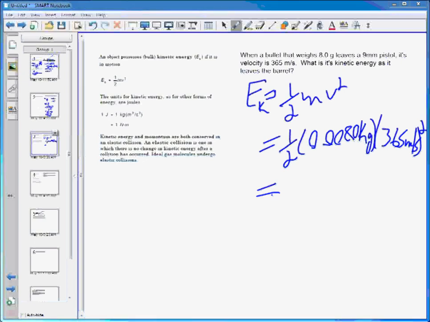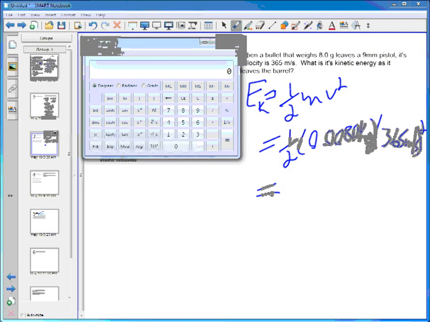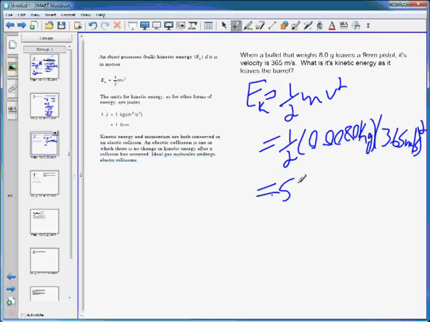Our calculator, 365 squared times 0.008 times 0.5, 532.9. 532.9 kilograms meters squared per second squared, which is a Newton meter, which is a joule.